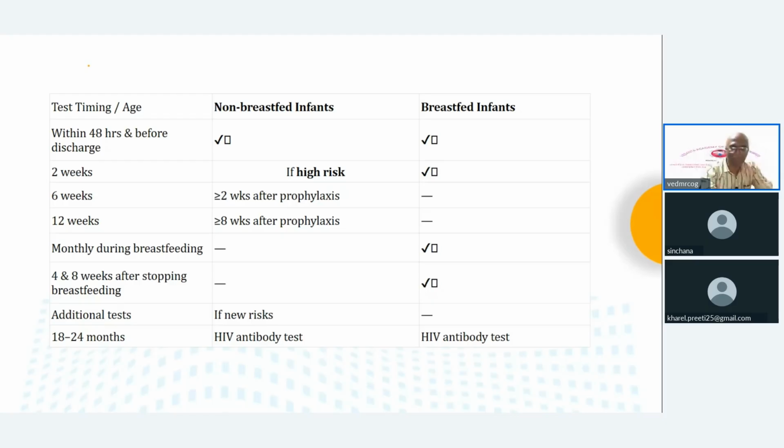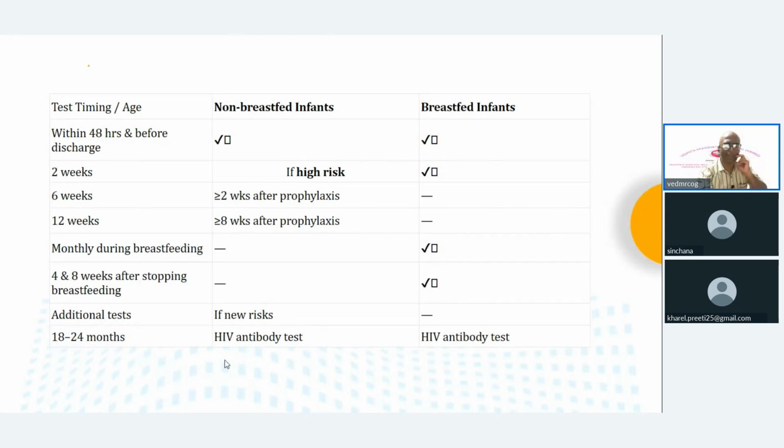So you will test 2 weeks after the end of the prophylaxis and 8 weeks after the prophylaxis, and if it is high risk, then it is also done at 2 weeks. So for non-breastfed infants, you do one test at 48 hours, then one 2 weeks after the PEP, then another 8 weeks after the PEP. If the baby is high risk, it is done at 2 weeks also. And final testing of HIV antibody is done at 18 to 24 months.